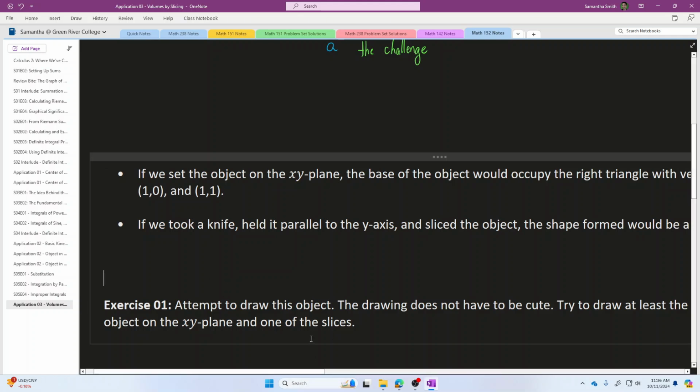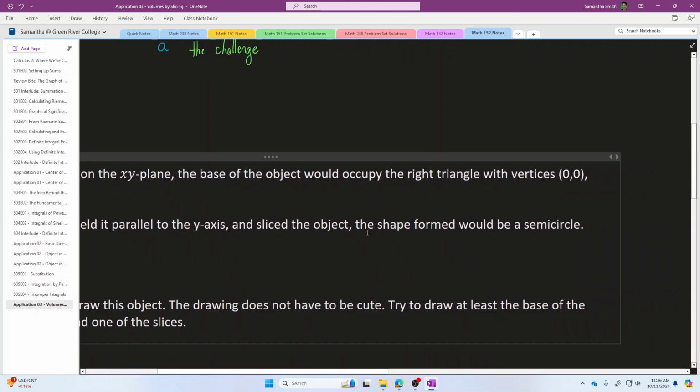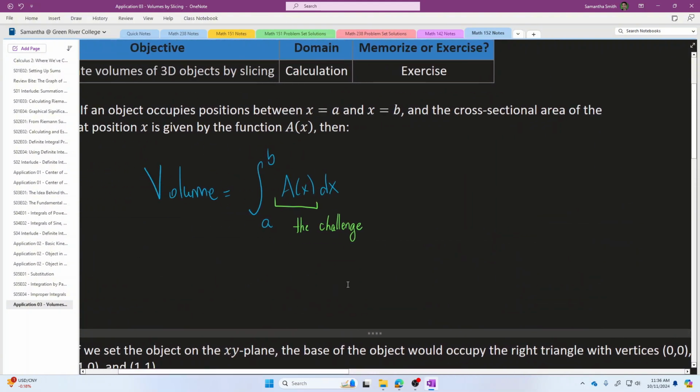To find the volume, all we have to do is find a function that will tell us the area of each of these slices that we are told are shaped like semicircles. If we can find the formula for the area of each slice, then all we have to do is integrate the area function, and that will be enough to find the volume of the object.